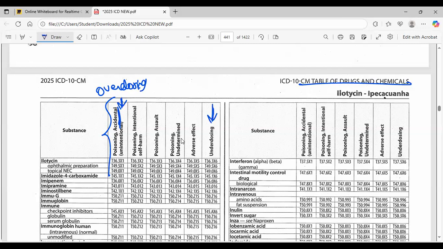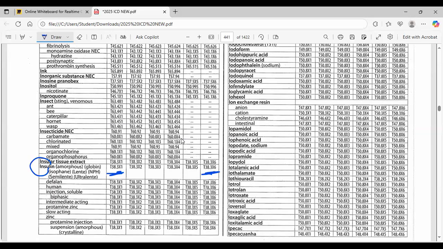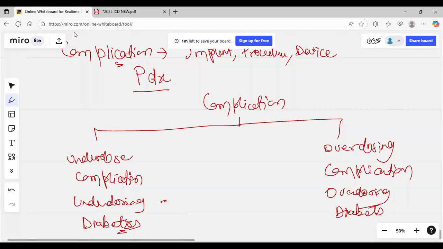And for underdosing, you have to refer to underdosing itself. So first you have to use a code for the complication, followed by a code for insulin underdosing or insulin overdosing, whatever the condition documented. And last, you have to use a code for diabetes.